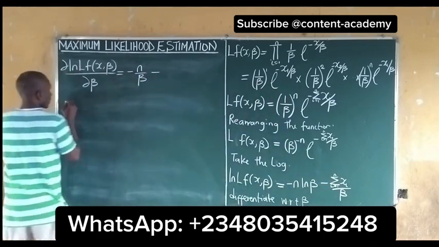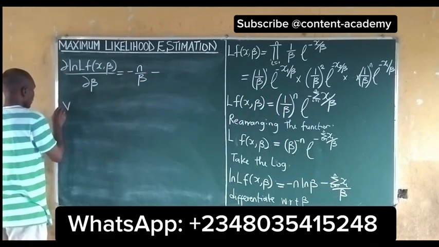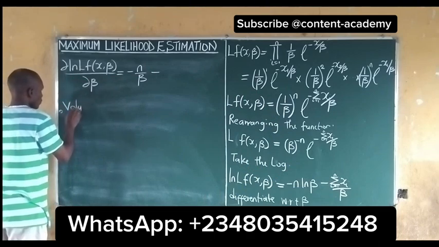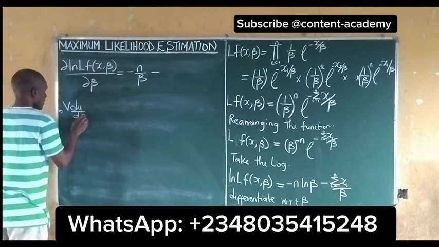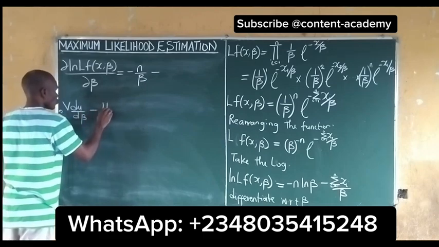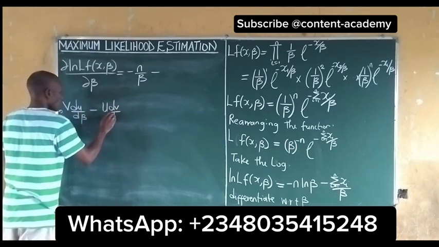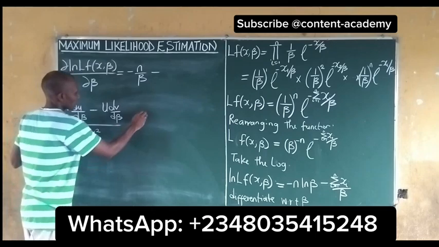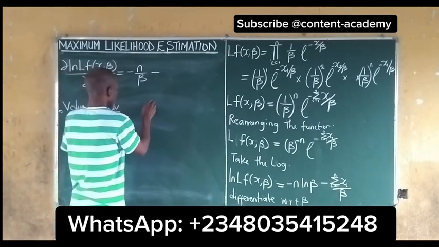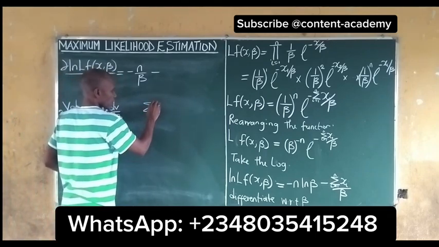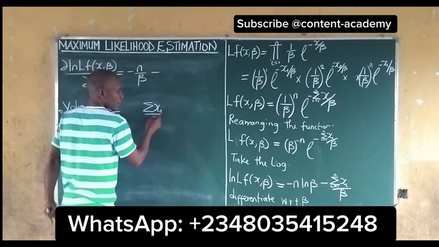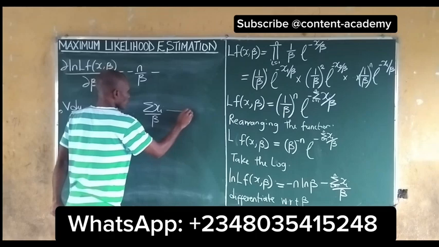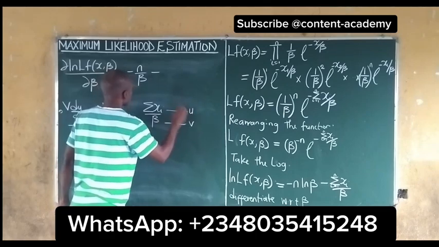So the quotient rule of differentiation says v du all over d beta minus u dv all over d beta, all over v squared. And we have summation of x_i all over beta. So this will be our u and this will be our v.